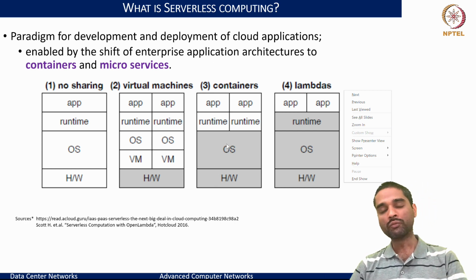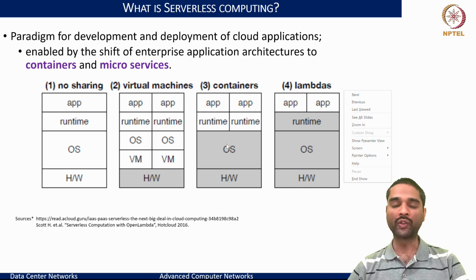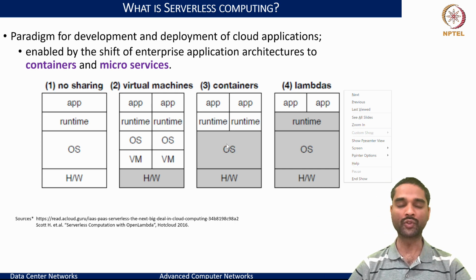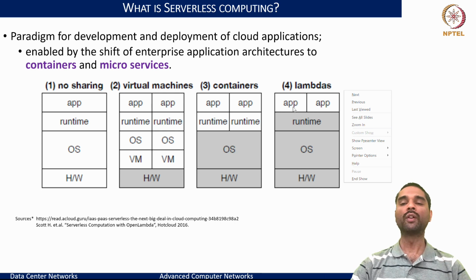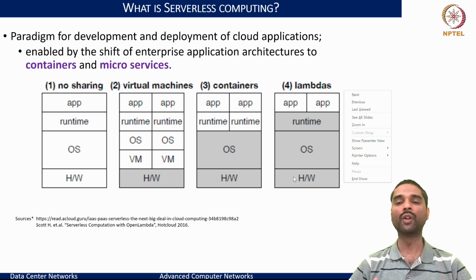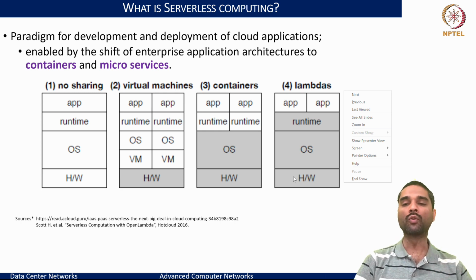And gradually now in serverless, as an example here, the Lambda service from Amazon, what really matters now is that none of the hardware, operating system, or the runtimes is the concern of a developer. All of these are going to be shared resources that you're going to be using, and a cloud service provider would manage all of these entities.